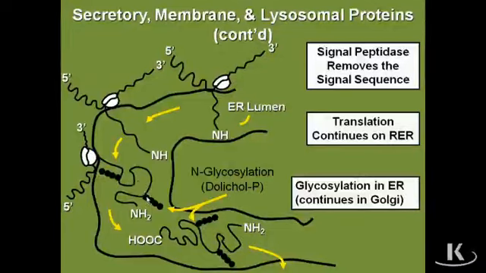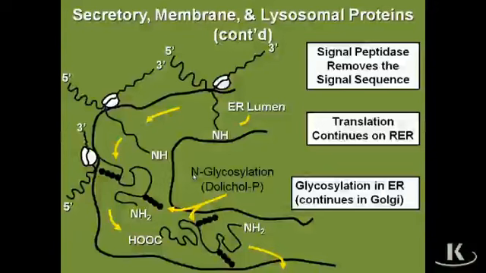Glycosylation happens within the ER, and what you see here are these little sugars that get added to specific amino acids. Now, within the endoplasmic reticulum is where N-glycosylation works. It's going to help you remember that. In the endoplasmic reticulum, you see N-glycosylation.